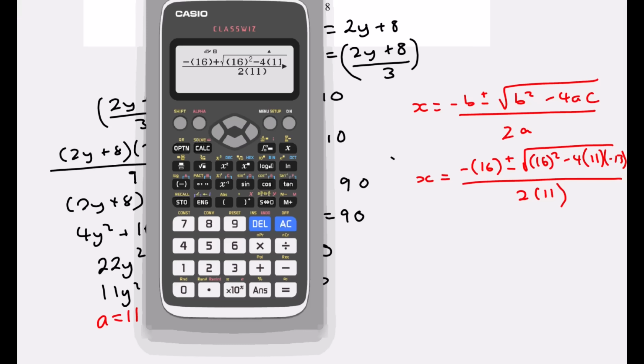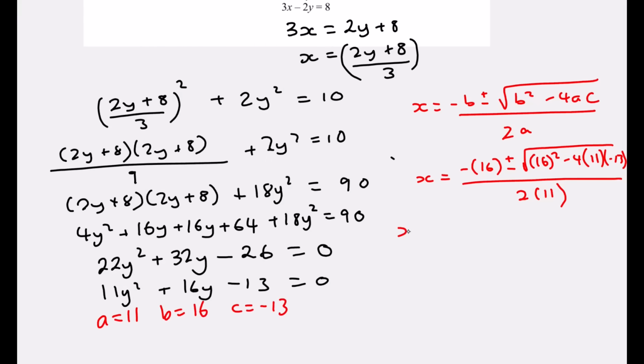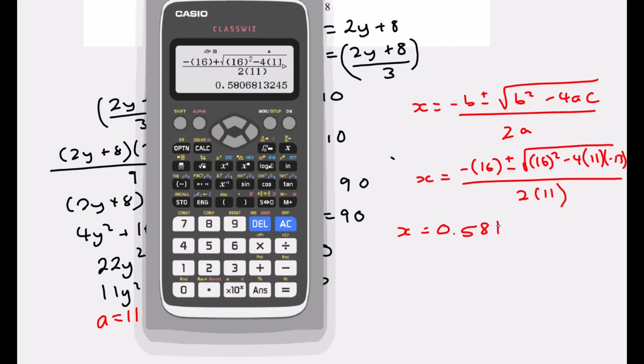So this is the plus. And negative 8 plus 3 root 23 all over 11. I'll do three significant figures, 0.581. So x is 0.581. And I'll store that as A.